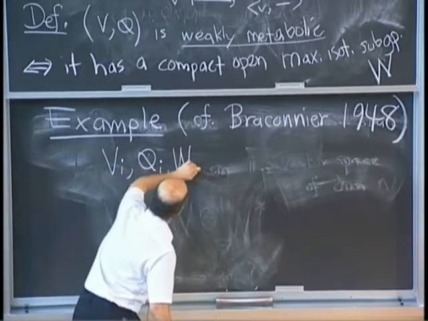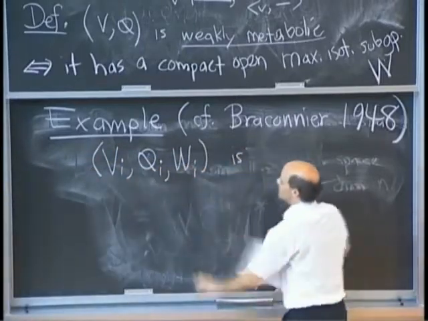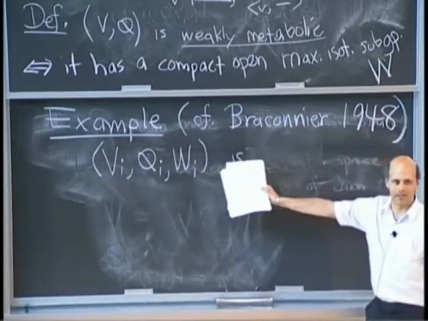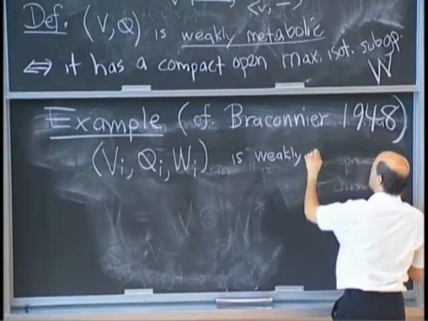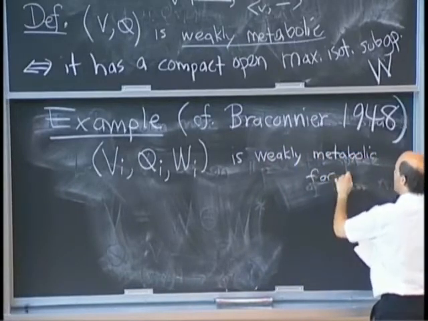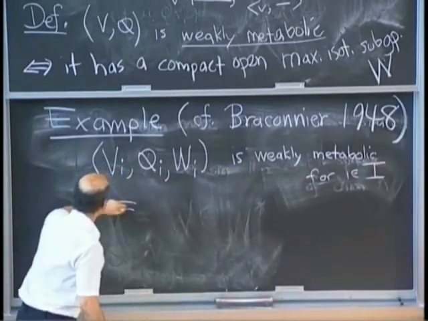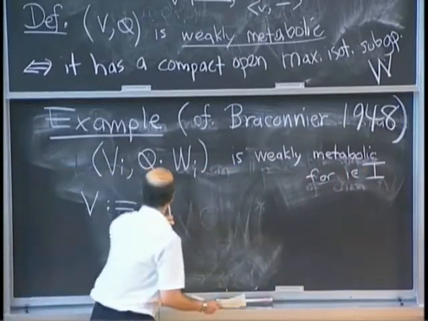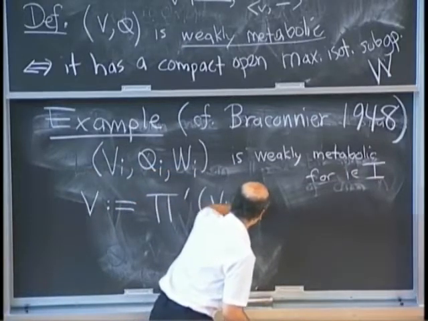So suppose I have a triple like this. I'll say that this is weakly metabolic, meaning that this is a locally compact abelian group, this is a quadratic form, and this is the compact open subgroup in the definition. I have a whole sequence of these, for all i in I. And I then take the restricted direct product of these V_i with respect to these subspaces W_i.